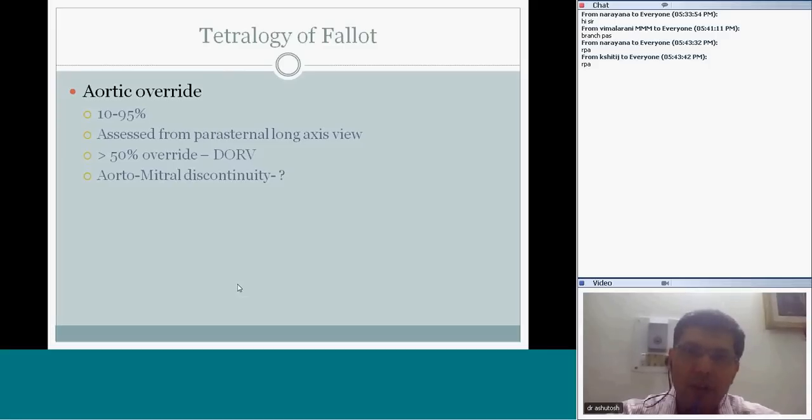Okay, aortic override, again as a component of Tetralogy of Fallot, can be between 10 to 95%, and some people use more than 50% override criteria to make it a double outlet right ventricle. Now, how many people think that aortomitral continuity is important to label it as double outlet ventricle? Should there be aortomitral discontinuity?